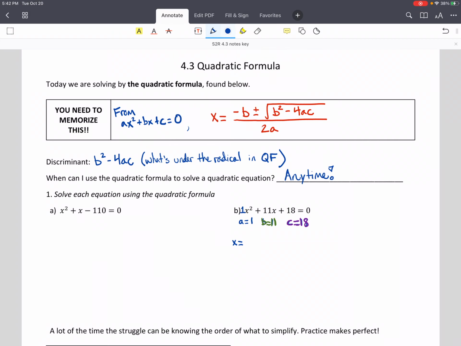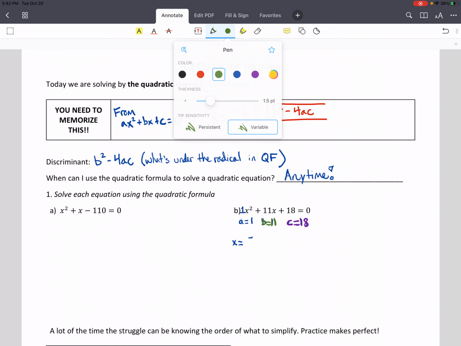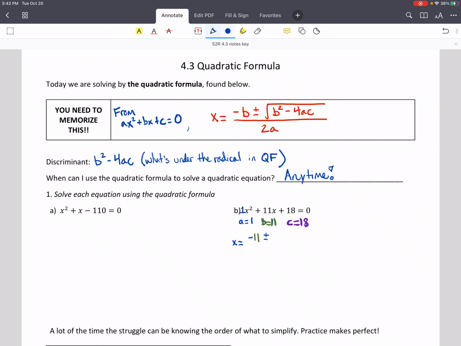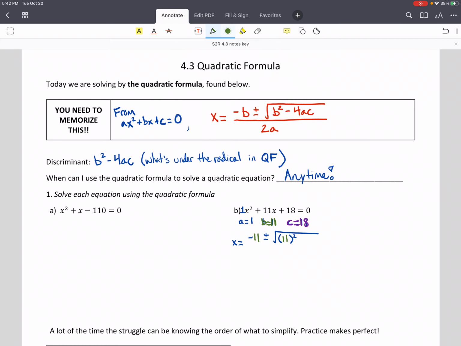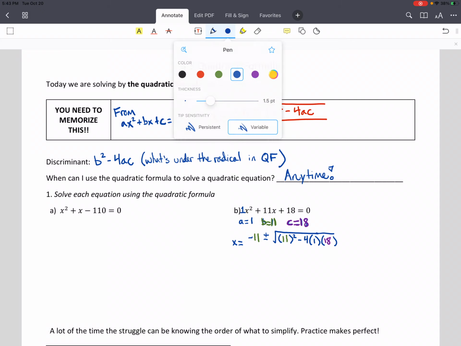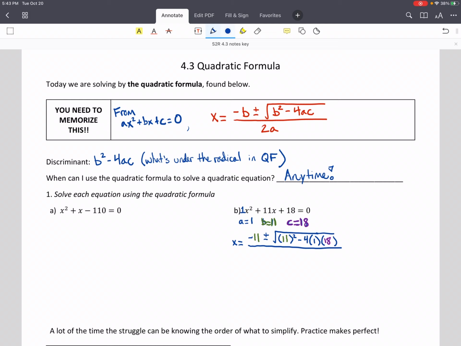All right, so x equals negative 11 plus or minus the square root of b, which is 11, squared, minus 4 times a, which is 1, times c, which is 18, and all of that is going to be divided by 2 times 1 because 1 is equal to our a value.